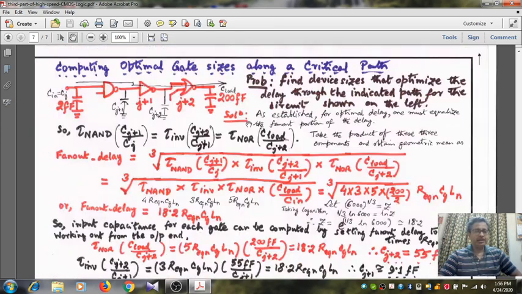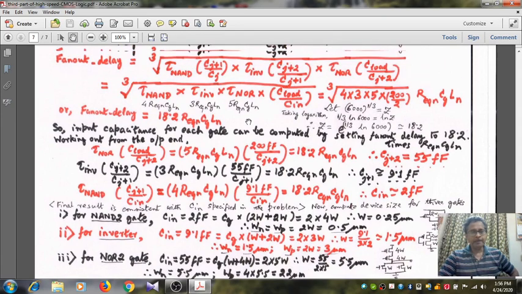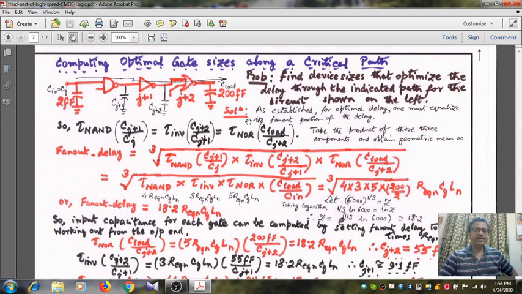So the ultimate problem that we have done is getting the sizing of the gates to obtain minimal delay. That means the size of the individual transistors that constitute the individual gates.